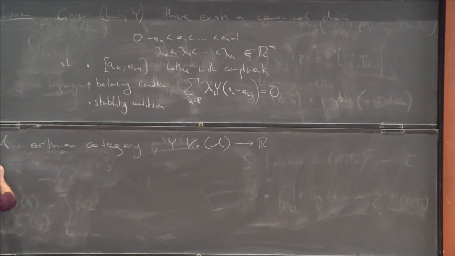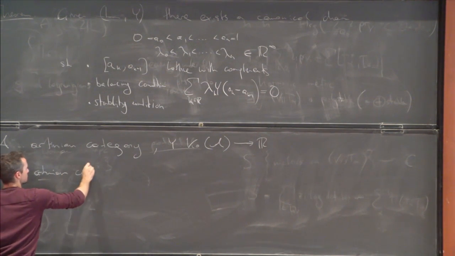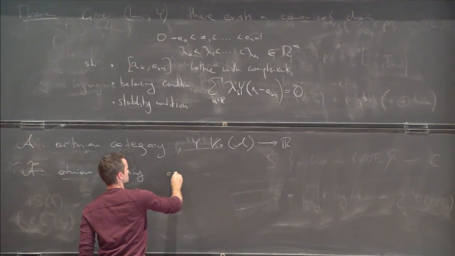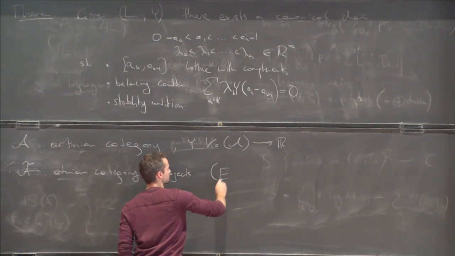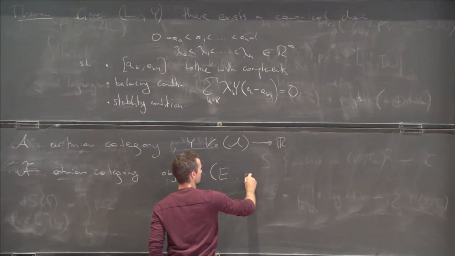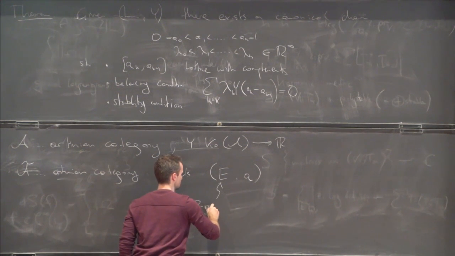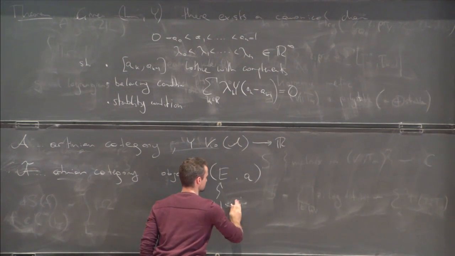And so the theorem then translates to the following. There's a construction of another category, A tilde, which is again an artinian category, which has objects a pair of E and A, where E is an R-graded semi-stable, semi-simple object.